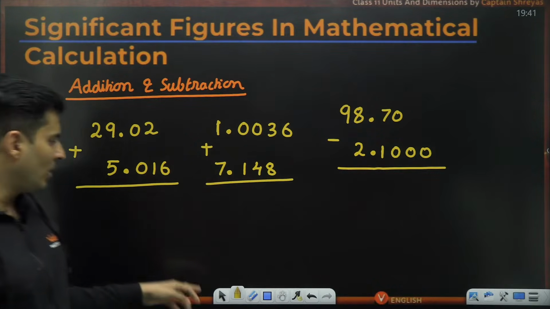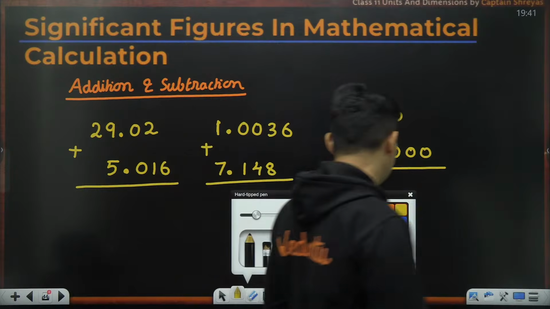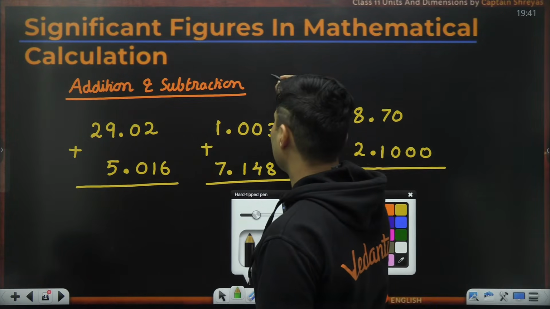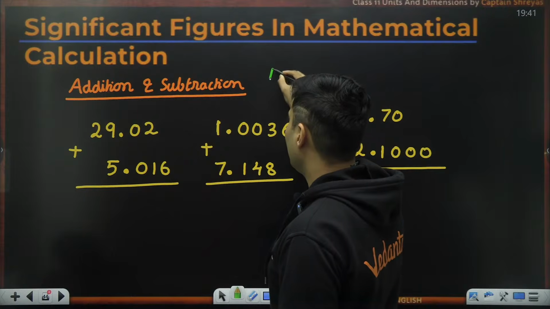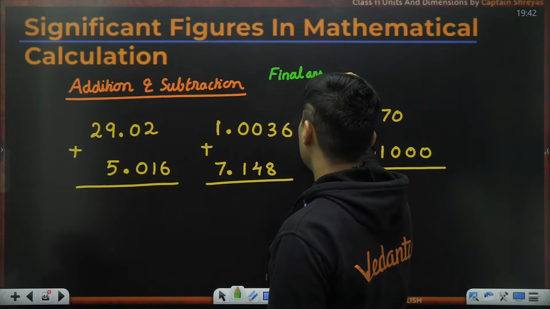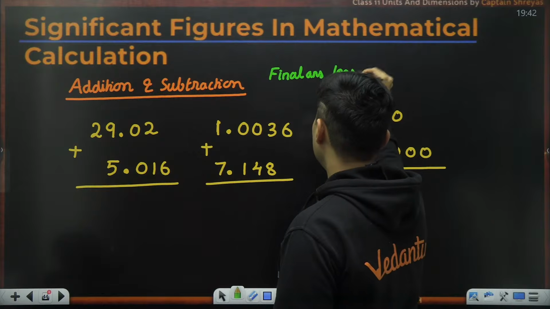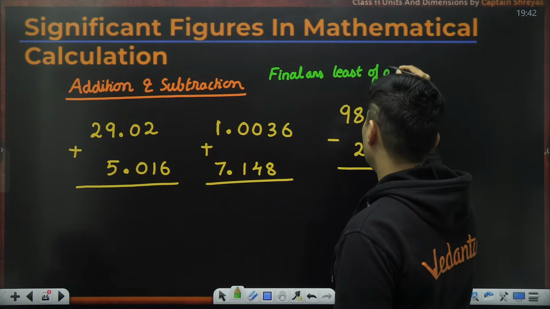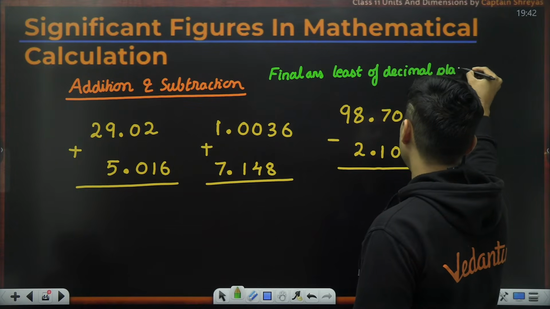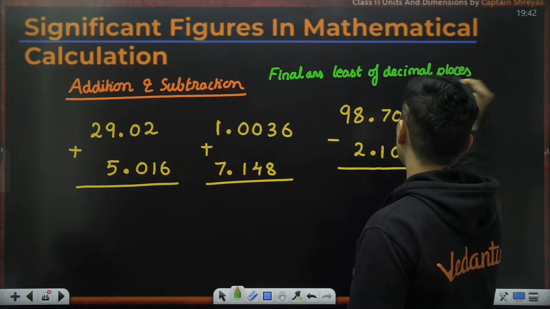Whenever you have addition and subtraction, the rule is the final answer should have the least of the decimal places.